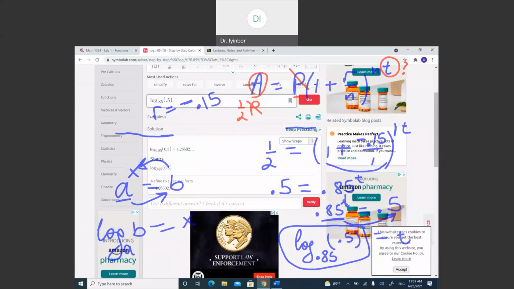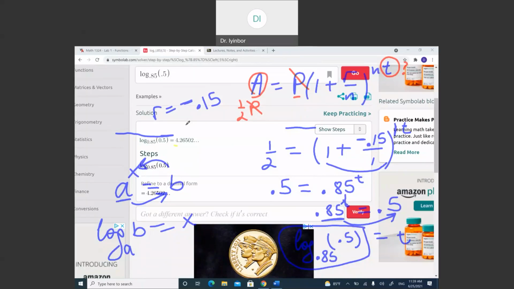Now 2 decimal places. You need to add 1 to the 6 because after 6 is 5. So that rounds to 4.27. That's how you do that. 4.27 years.